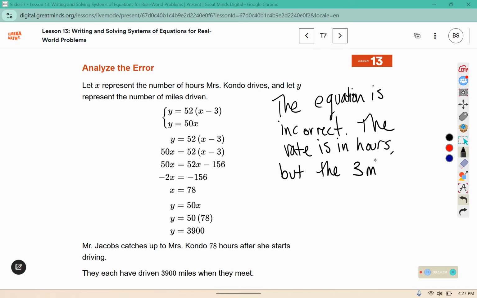So this equation should say 52 times X minus 0.05.